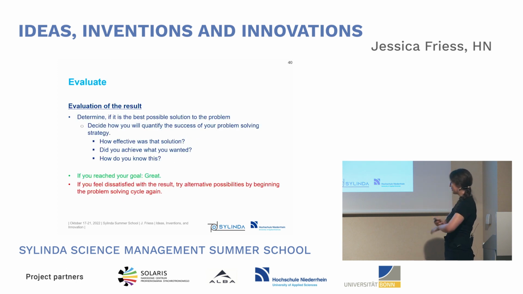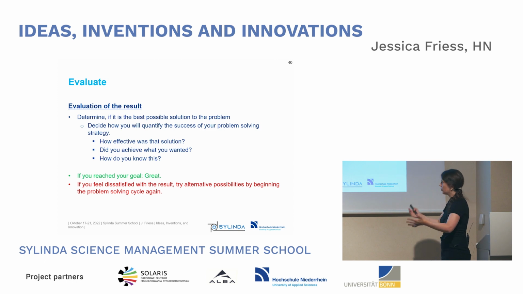Okay, so after you had a solution to your task and tried to implement it, you of course shall evaluate it. You should determine if it's really the best possible solution to the problem. You have to decide how you will quantify it, how you measure your success, how effective the solution was. Did you really achieve what you wanted, or is it just a little bit better, but you really wanted the best solution?